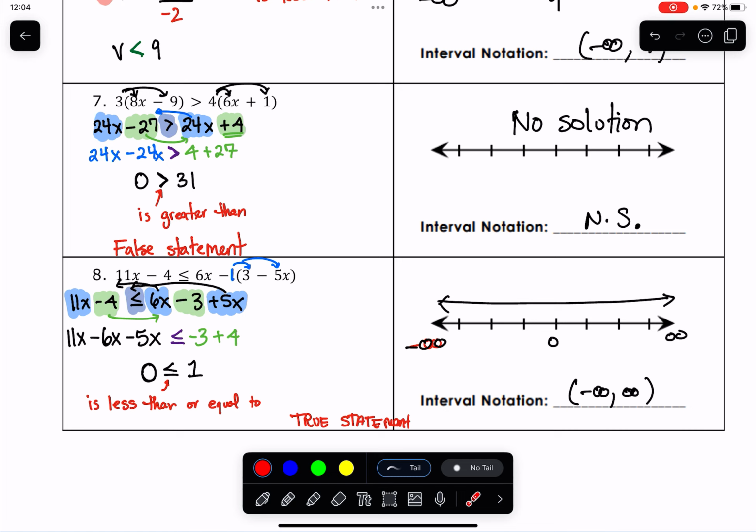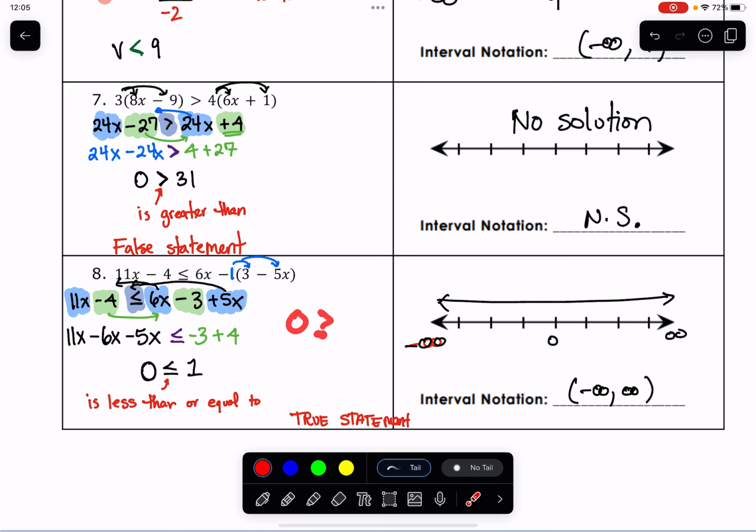But if it's not true, like number 7, and 0 is not in fact bigger than or less than 31, or whatever number this is, then the answer is going to be no solution. So like on this example up here, had it been 0, but instead of saying less than 1, had the inequality been pointing to the right and saying greater than 1, this is false. 0 is not bigger than 1.